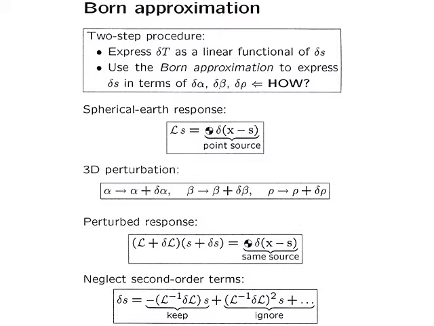Well, then you have to solve this equation with a perturbed operator and a perturbed response and the same earthquake. And what you do is you subtract this equation from this equation and then solve the resulting equation, and you get this expression here, that closed form expression basically for the perturbation in the waveform. And then the thing that makes this the Born approximation is you throw all these higher order terms away.